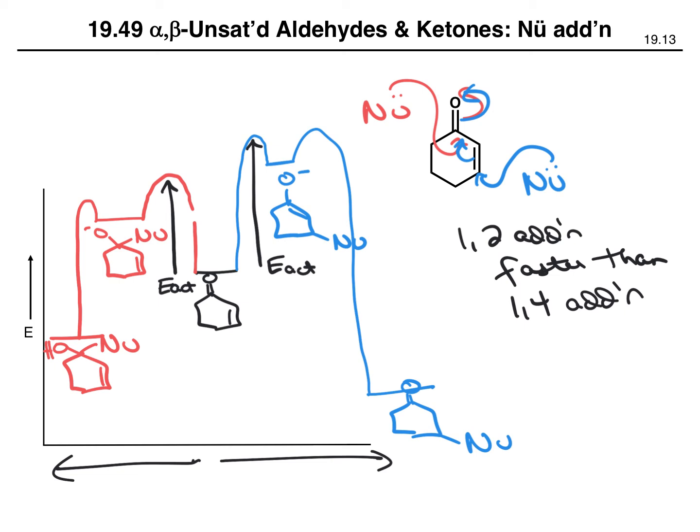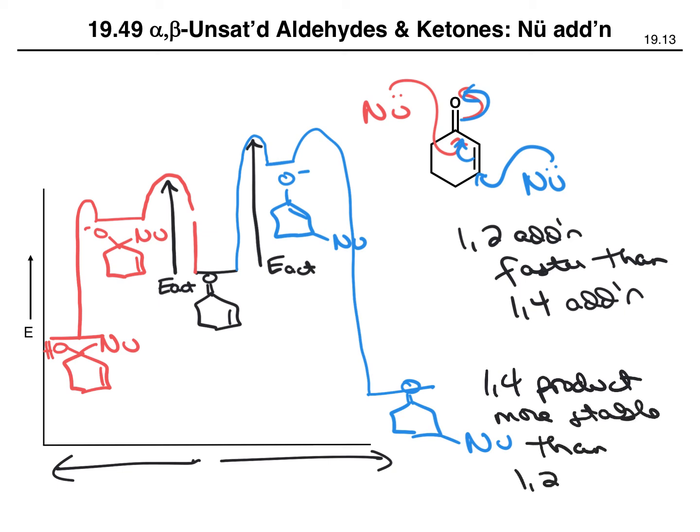But if we look at our products, the product of 1,2 addition is higher energy than the product of 1,4 addition. So the 1,4 product is more stable than the 1,2 product.